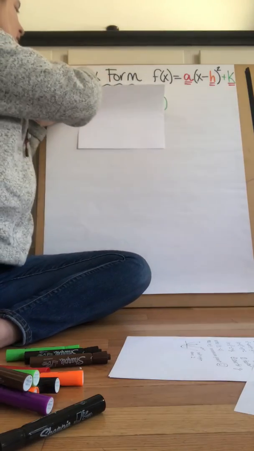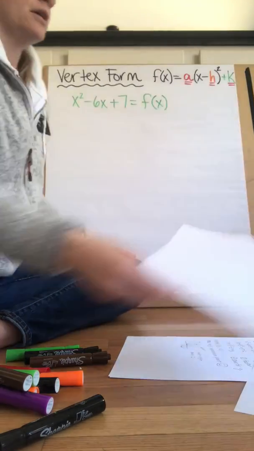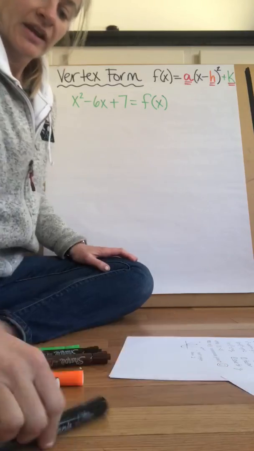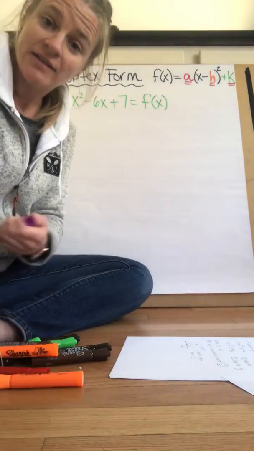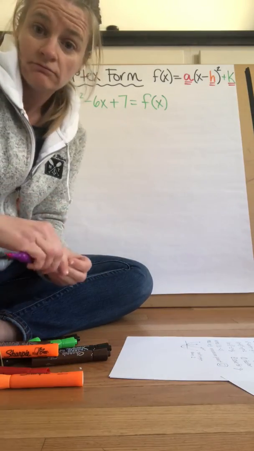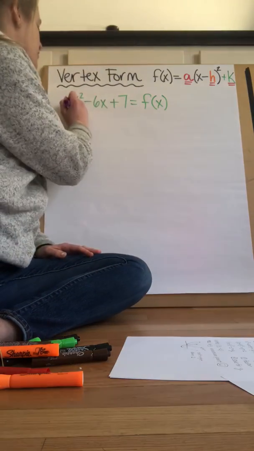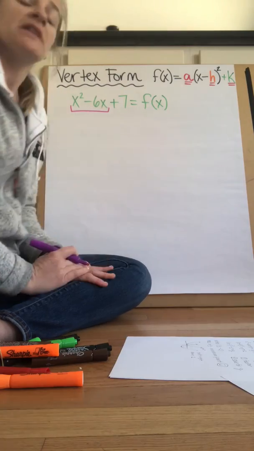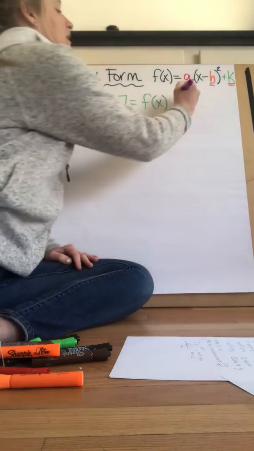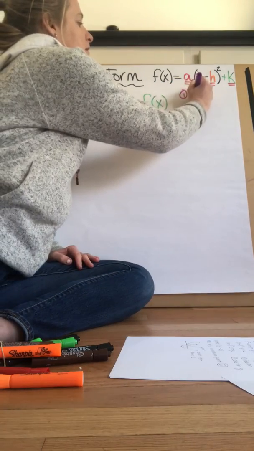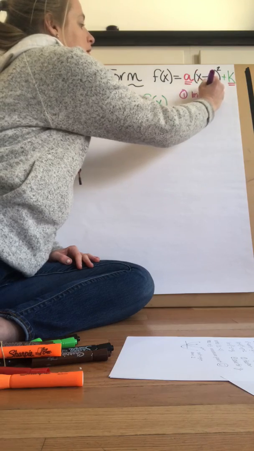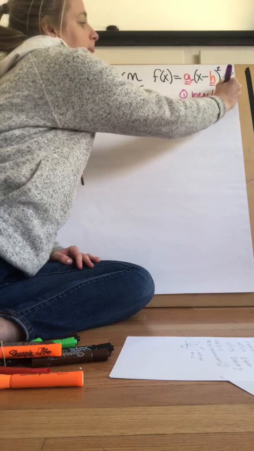So anyway, vertex form. We're going to start with an equation, and this is basically just completing the square, okay? But not solving, so it's way easier. So remember, our first step for completing the square was to get our linear quadratic term isolated. So step one, linear quadratic term.